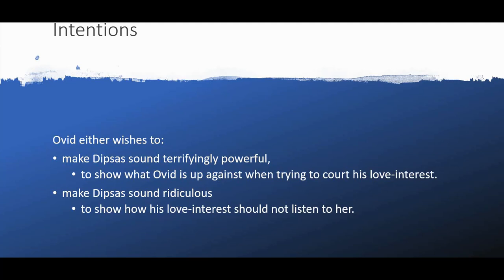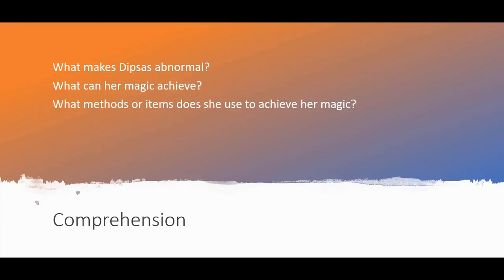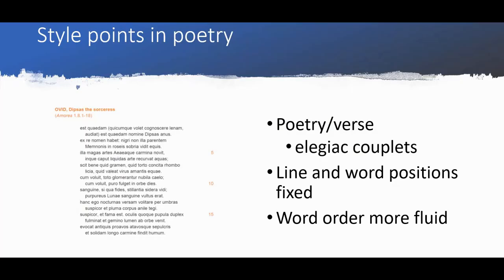Okay, we're bearing in mind these intentions because when the author chooses to use certain techniques in his work, he doesn't just decide to do it like he's going down a supermarket alleyway, saying, look at this, let's have a bit of alliteration and let's sprinkle in some similes.